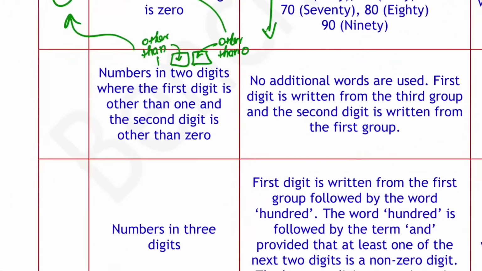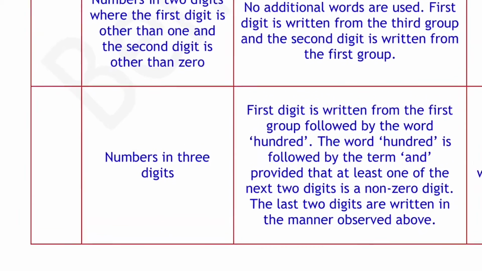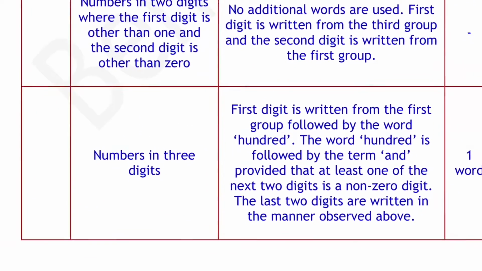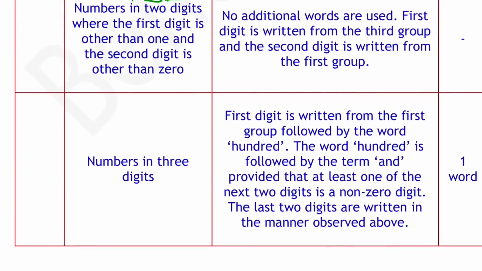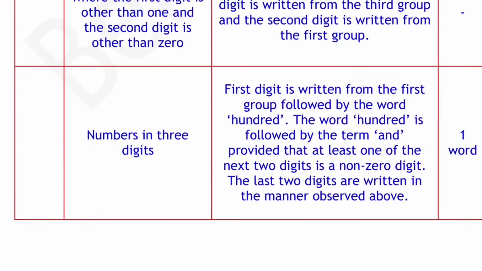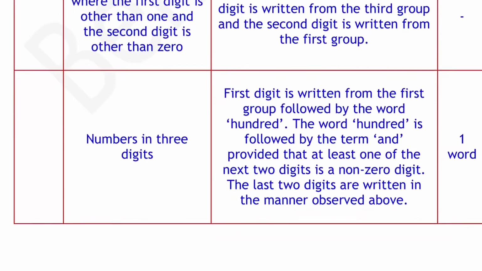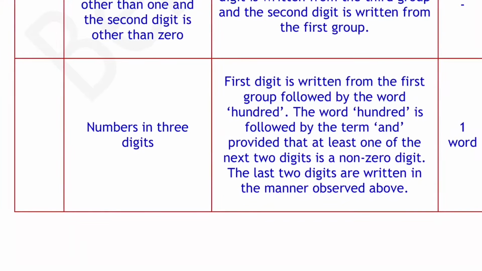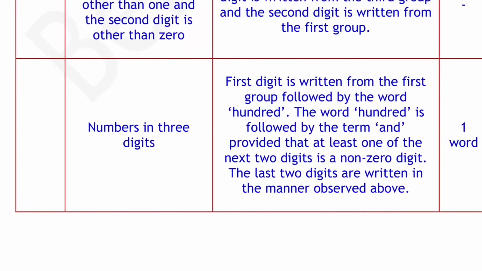Okay, so thereafter we went on to numbers in 3 digits. In dealing with numbers in 3 digits, we use only one more word. What is that? That is 100. We use the term 100 to indicate that we are dealing with a 3 digit number.